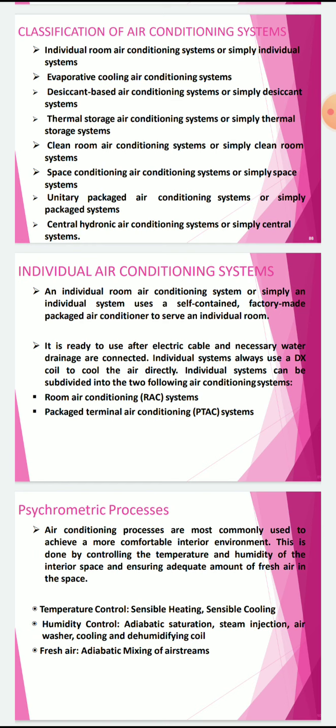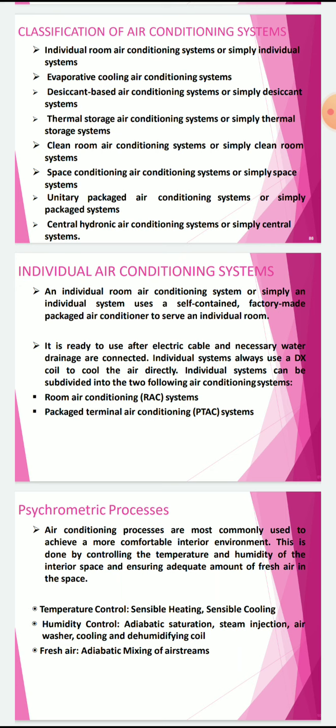Independently, chillers, air conditioning units, quality checkers and filters are supplied separately to individual or independent rooms, and that is what is discussed in the individual air conditioning system. It is ready to use after the electric cable and necessary water drainage are connected.